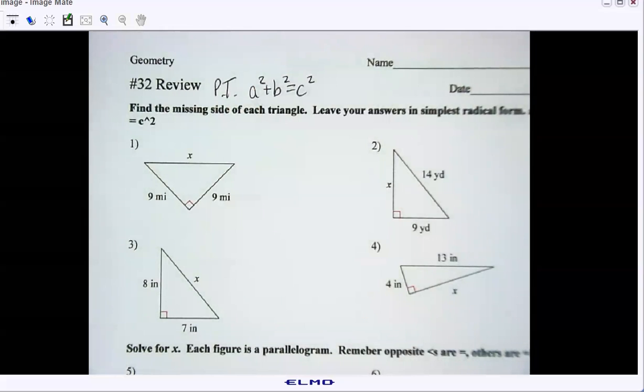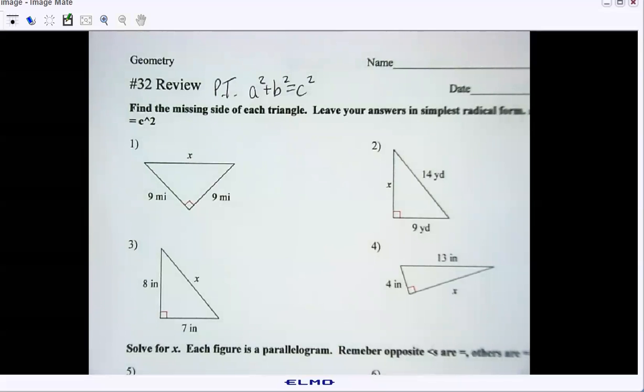I had some students when we originally did this that thought anytime there was an X that it was the letter C, but it's not always C, because where does the hypotenuse or C have to be? The longest side. Longest side, and it's across from what? Where do I find it?